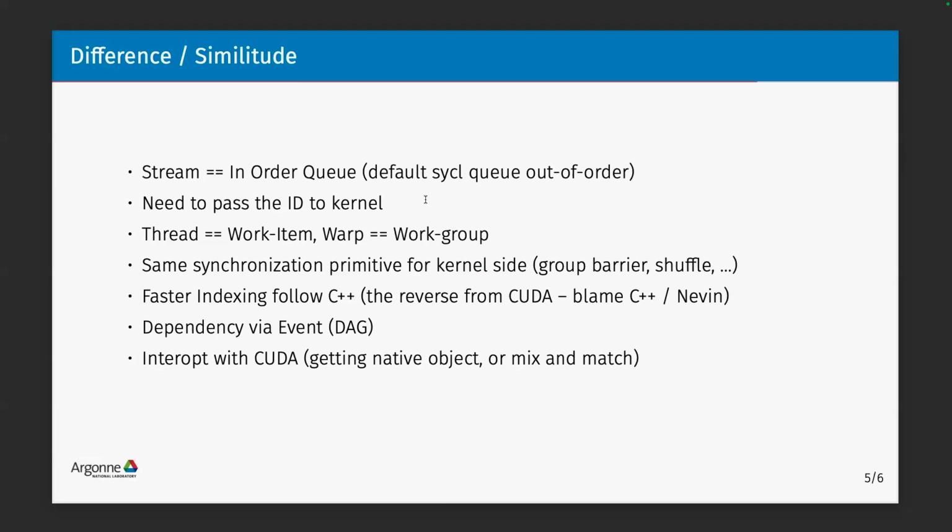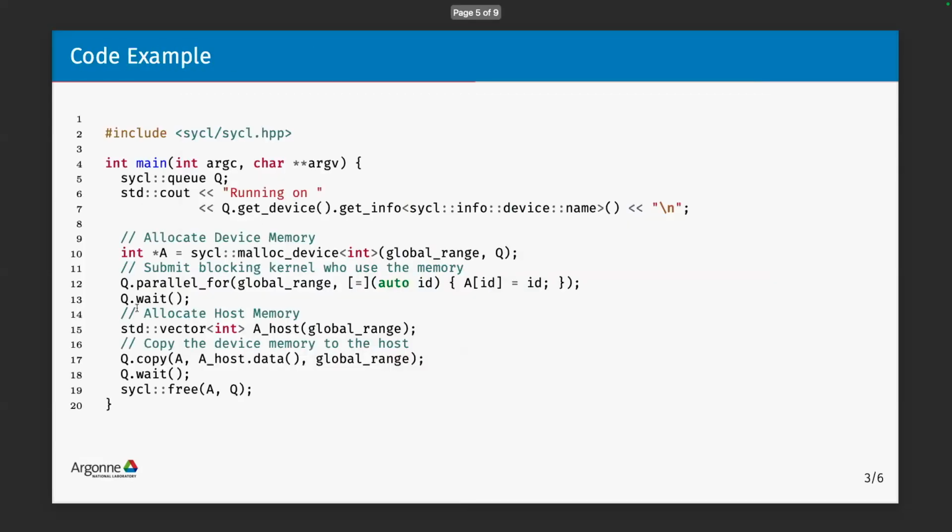Of course you have some differences and some similarities. I don't want to say it is a one-to-one mapping; you need to do some work. For example, here I show a queue. Queues come from OpenCL, and for other reasons, I think it makes more sense to be in-order by default, but a queue in SYCL is by default out of order. That means if we take this code here and I remove the wait, and I just submit those two, you don't know in which order they will execute.